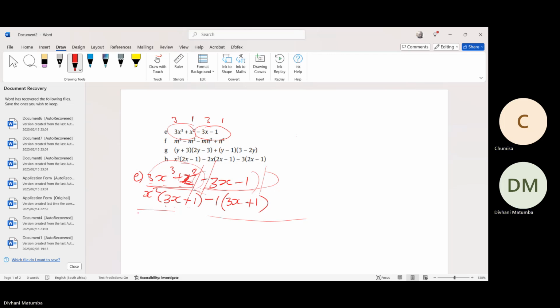Which is 1. No, this is common. Do you see the common factor? The common factor is 3x plus 1. If you take out 3x plus 1, you will be left with x squared minus, here you will be left with minus 1.